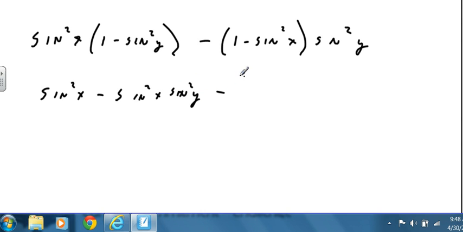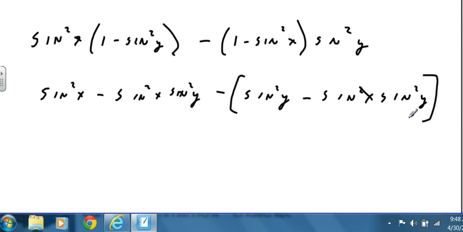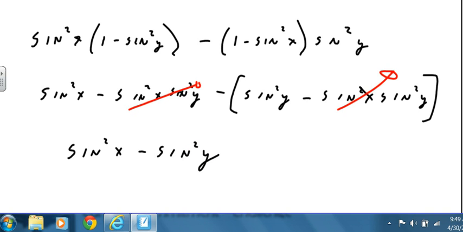And then I've got minus sine squared y minus sine squared x sine squared y. Oh, isn't that convenient? I got minus sine squared x sine squared y, and I've got plus sine squared x sine squared y. They go away, and all I have left is sine squared x minus sine squared y, which is what we're looking for.